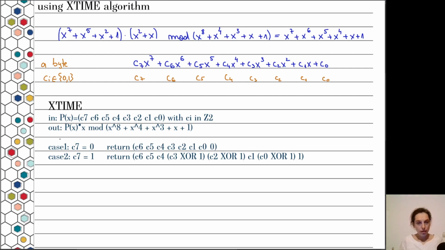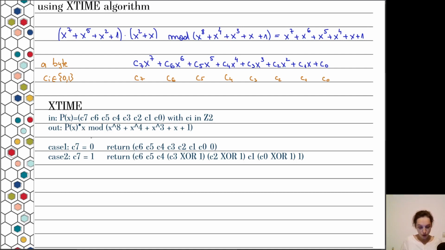We discussed in the previous video that we may write a polynomial as a byte. And the output of this algorithm will be the polynomial given as an input multiplied by x.